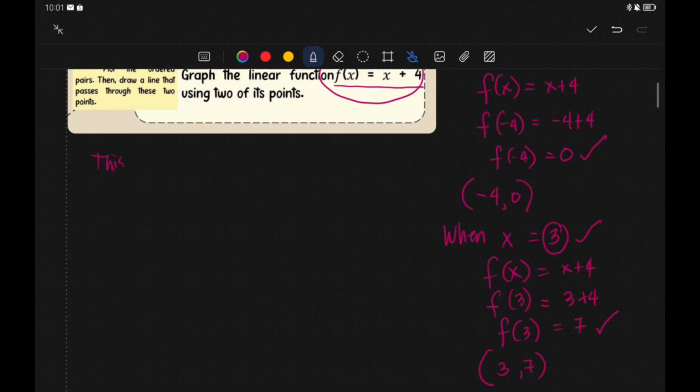So this implies that the graph will pass through 2 points, this one, negative 4, 0, and the second one is this, 3 and 7.